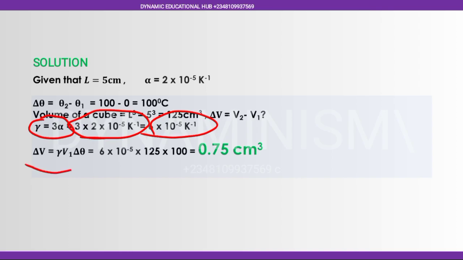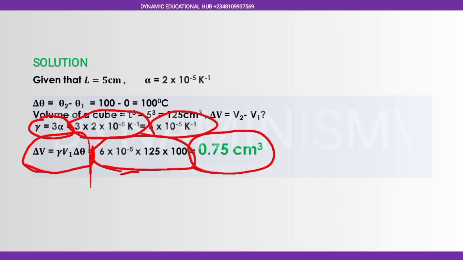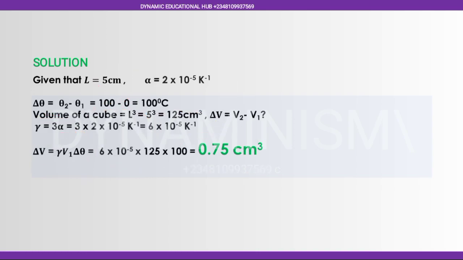Change in volume is equal to what? Gamma multiplied by the original volume multiplied by change in temperature. Then you substitute to get your answer. Just multiply everything here. You get 0.75 centimeter cube. Why am I using centimeter cube? Because I used centimeter here. It's very simple and straightforward.